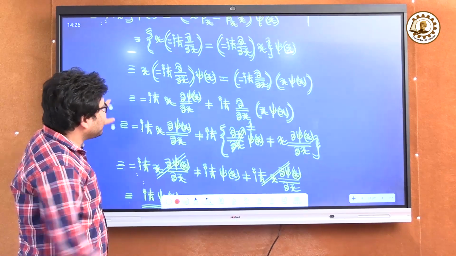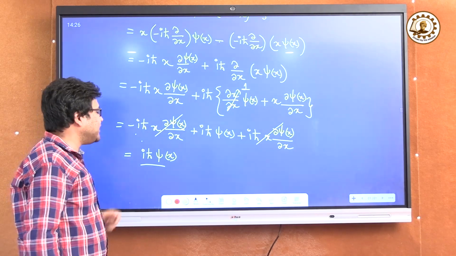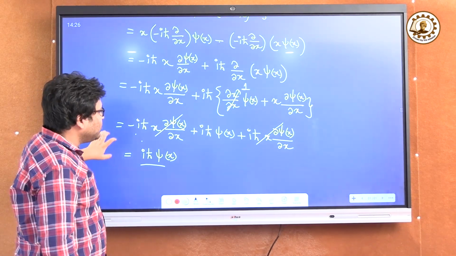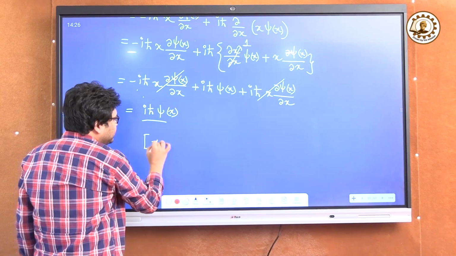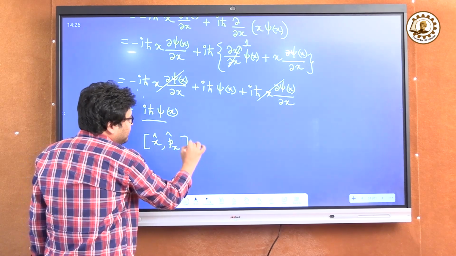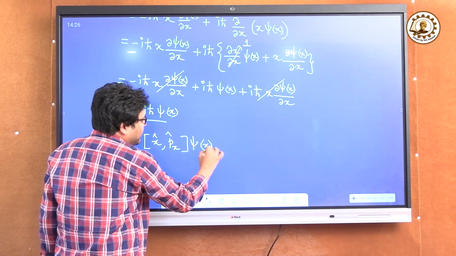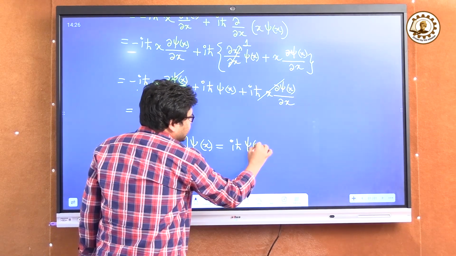And as a result, after all this mathematics, on the right hand side we have iħ ψ(x). So we can rewrite this line as the commutator of x cap comma px cap, when it acts on the wave function, results in iħ ψ(x).